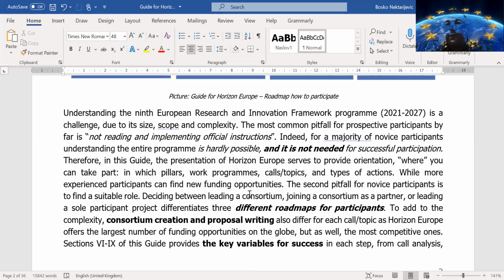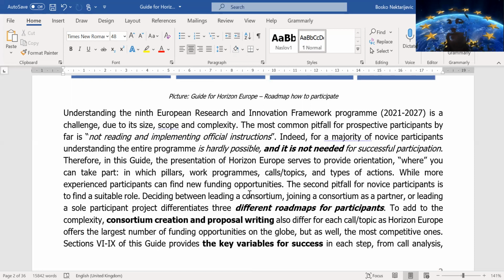But the most common pitfall for prospective participants by far is first not reading, nor implementing, of course, the official instructions. So the majority of Norway's participants are rather confused about how to take part, or demotivated.